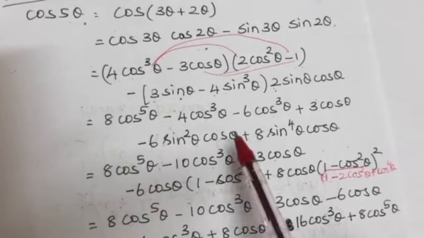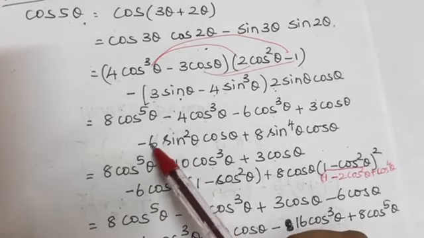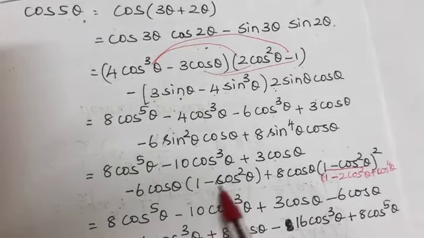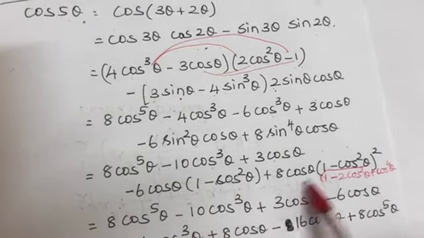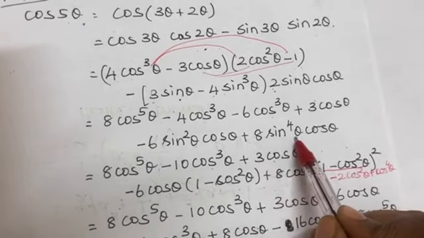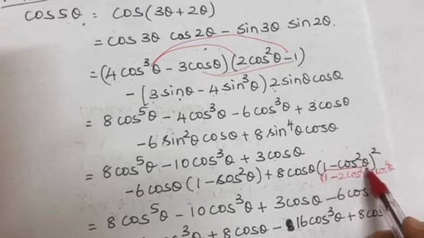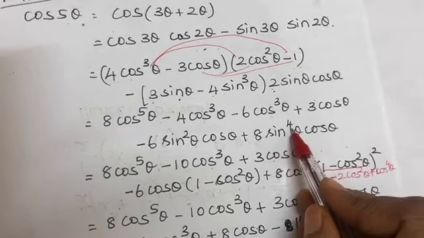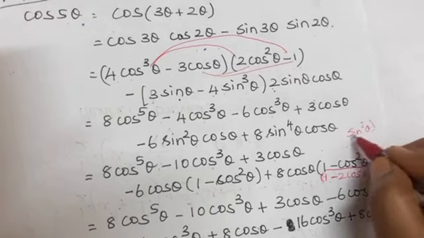Here minus 6 cos theta into sin square theta. I write sin square theta as 1 minus cos square theta, plus 8 cos theta into, I write sin power 4 as 1 minus cos square theta the whole square, because it is sin power 4. So sin power 4 can be written as sin square theta the whole square.